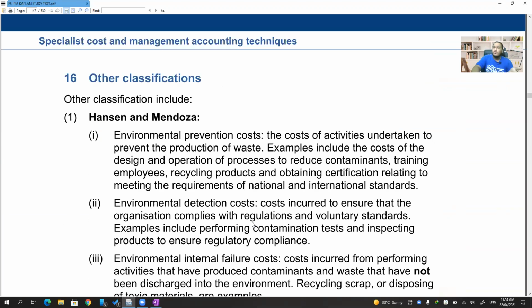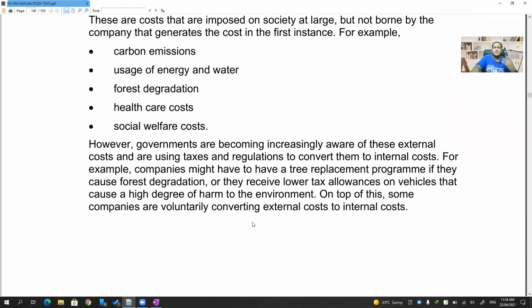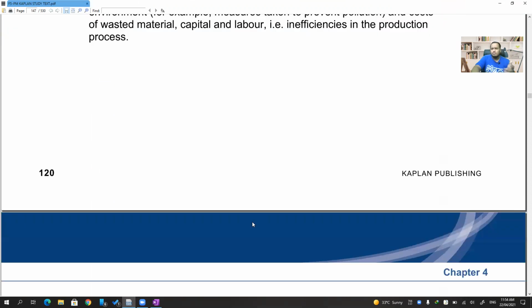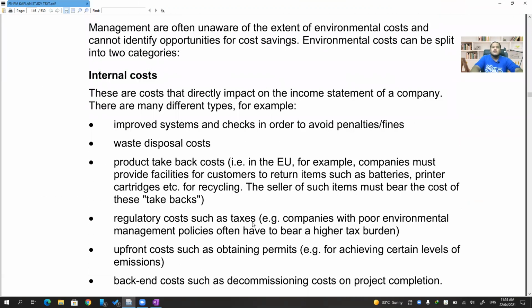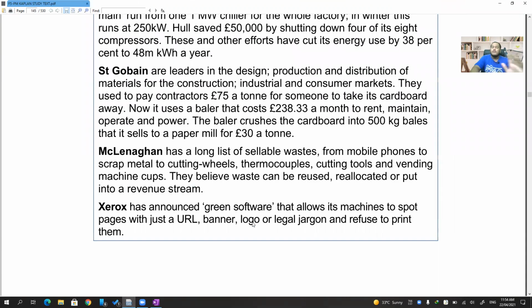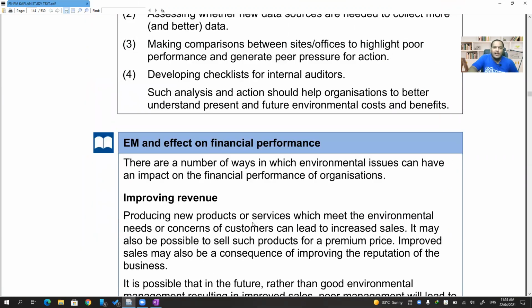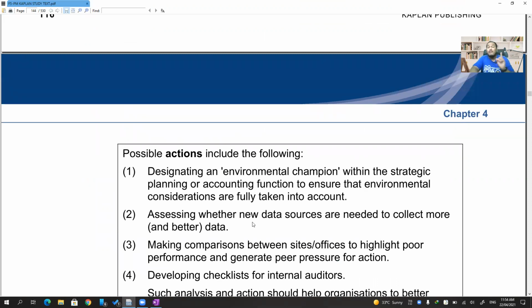So whichever method you are following, whether you are doing marginal costing, absorption costing, ABC costing, target costing or anything for that matter, always make sure that you also include the cost of environmental requirements.